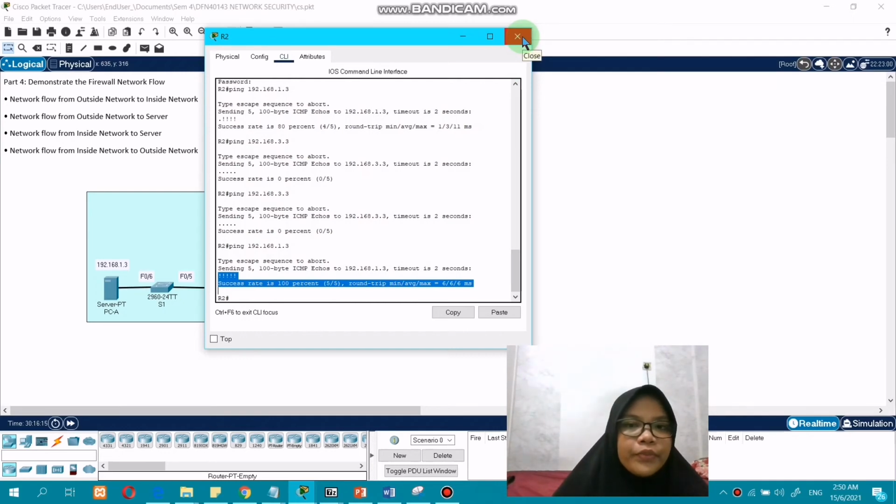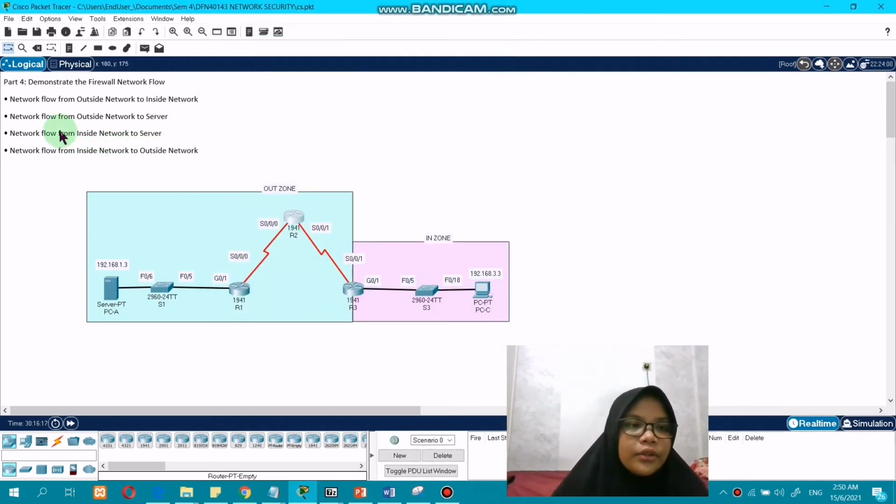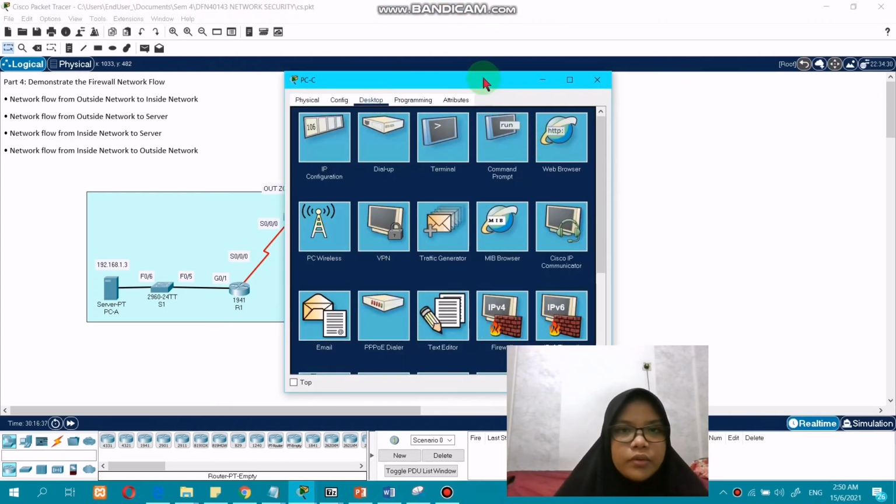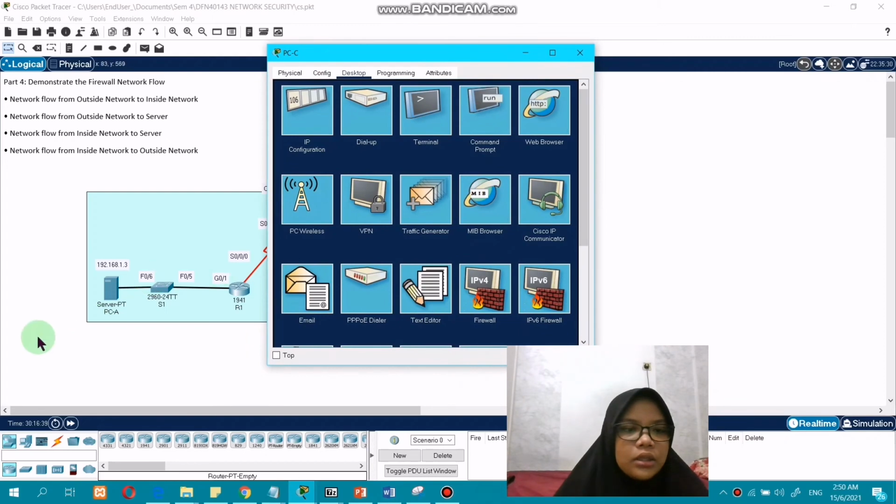So next, for the network flow from inside network to server, we can do it using a web browser, PCC to PCA.